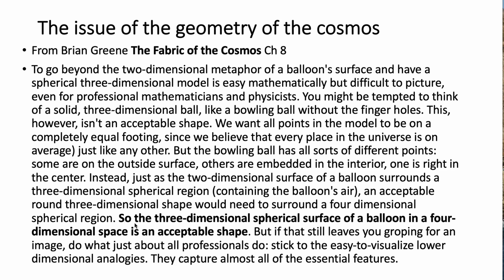He said you can use this spherical analogy, like ants on a balloon. That's what the professionals do. When they get together, they start doing math. This is a good book if you want to find out more details about multiple universes and so forth.